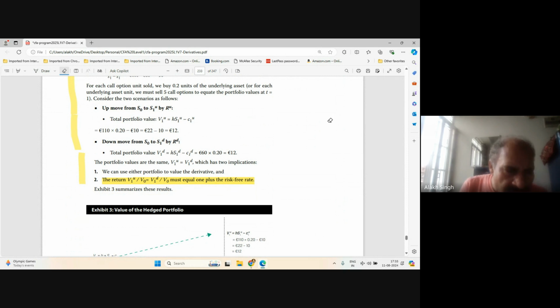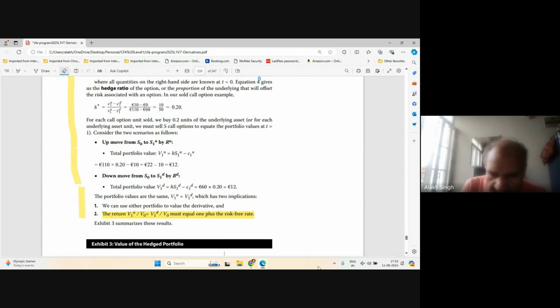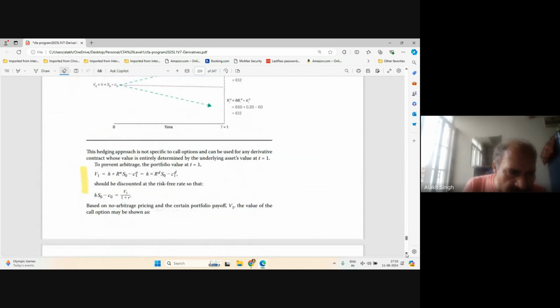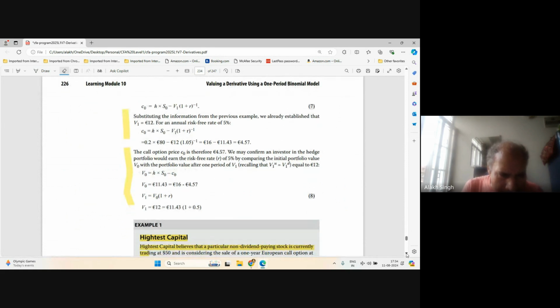At V1, if the portfolio goes up, we have this portfolio to start with. Where is the formula of the portfolio? Let's see.